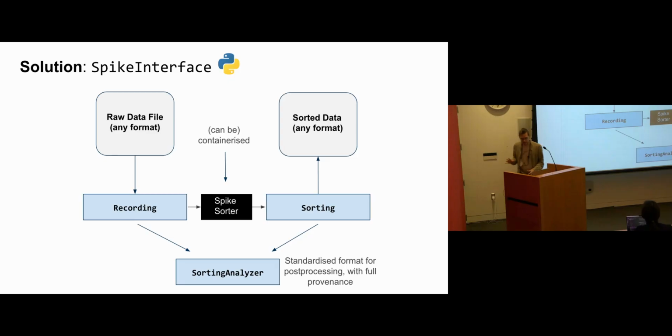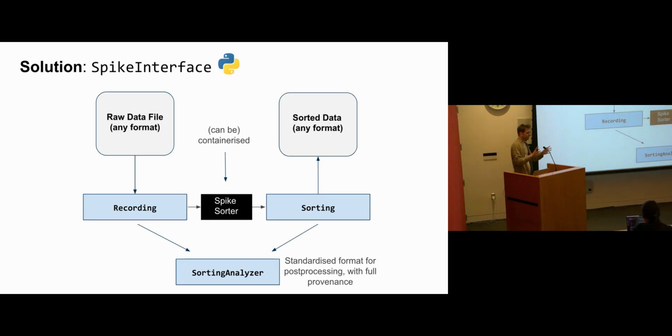So we try and make that easy. And also, we're pretty careful about provenance. So that means if you make a sorting analyzer, you export a folder, all the information is there in the folder to be able to recreate that from scratch, given the initial raw data. So we're working hard to include all that.